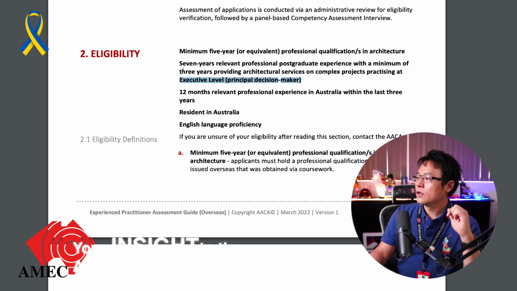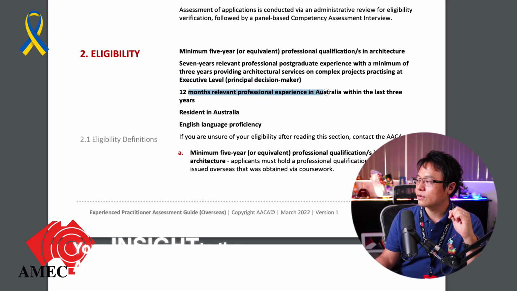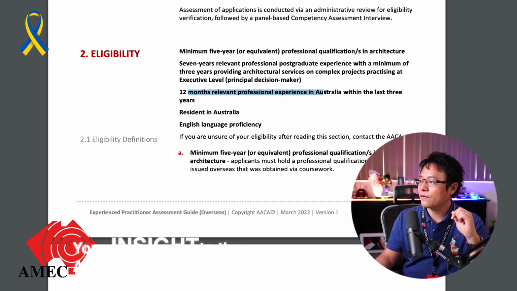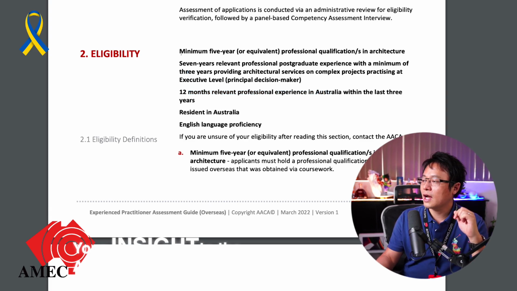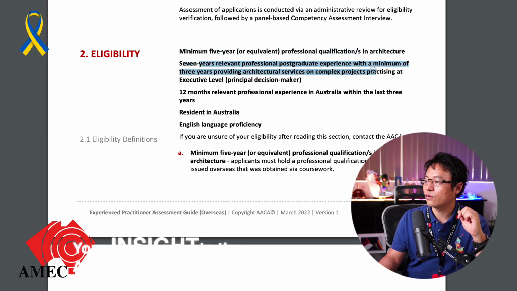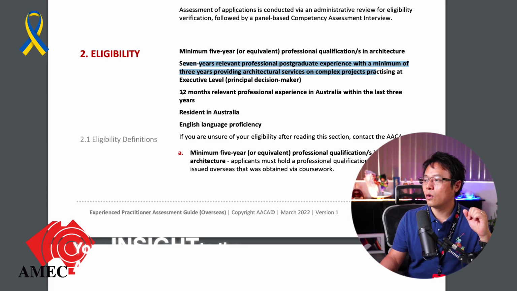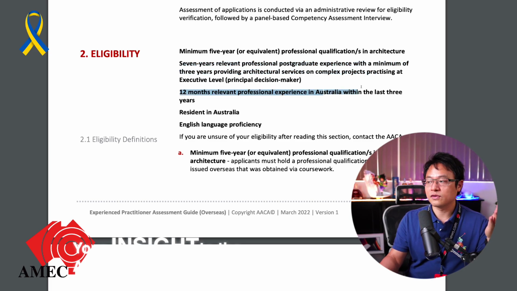Okay, so this is the difference there. 12 months relevant professional experience in Australia within the last 3 years. So this, I think, is either minimum 5 years of this, or 7 years of that one with 3 years as a senior executive, or 12 months work experience in Australia.